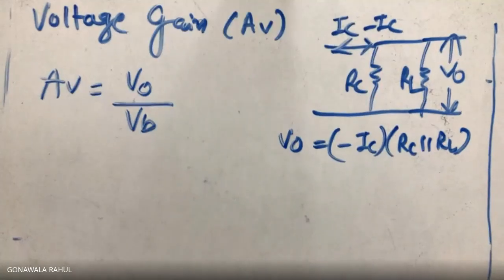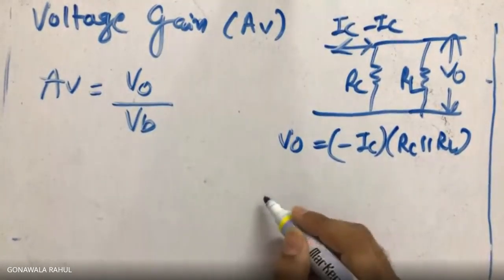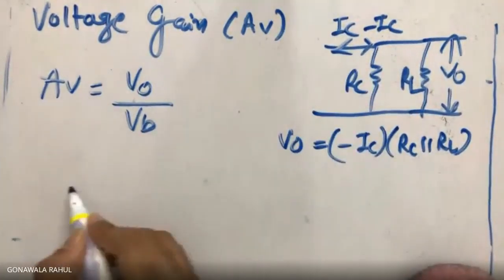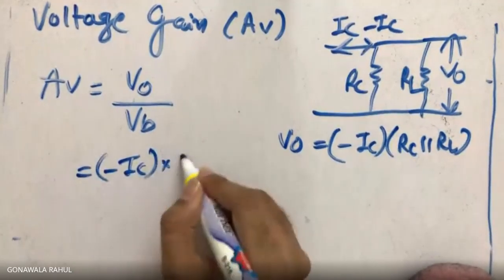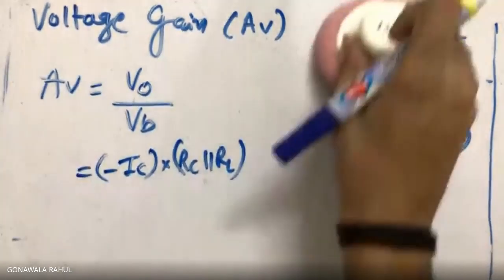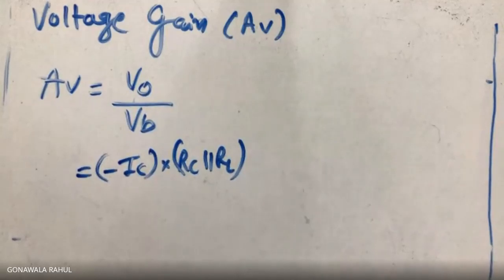So this is output voltage V0, minus IC into RC parallel RL. Now base voltage VB.